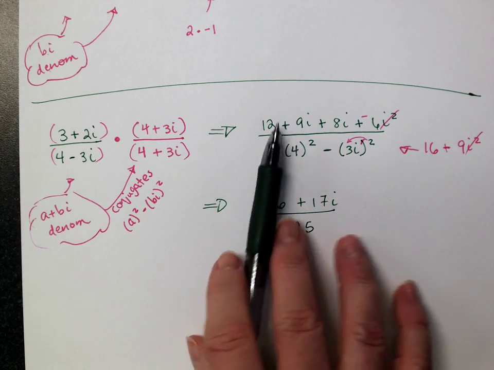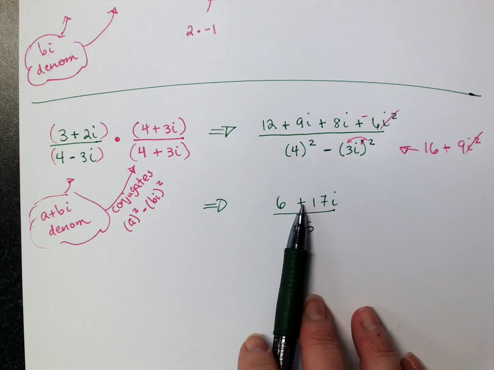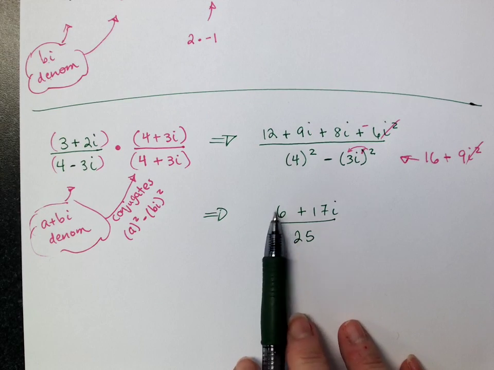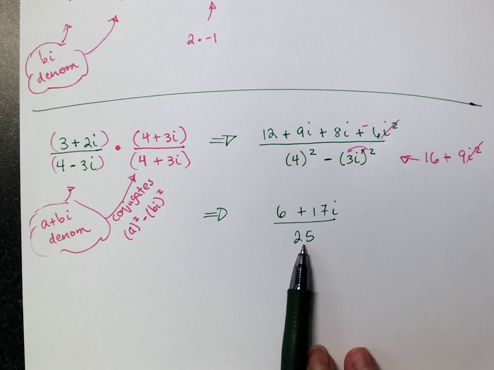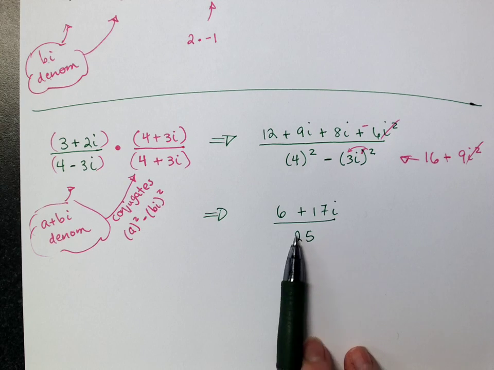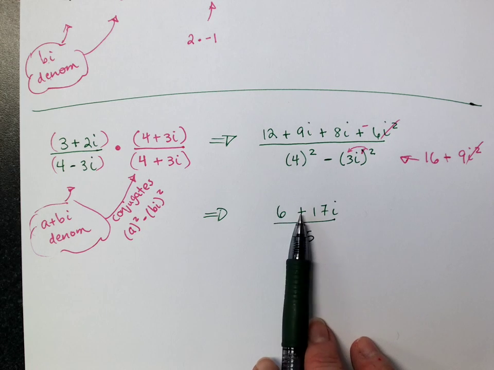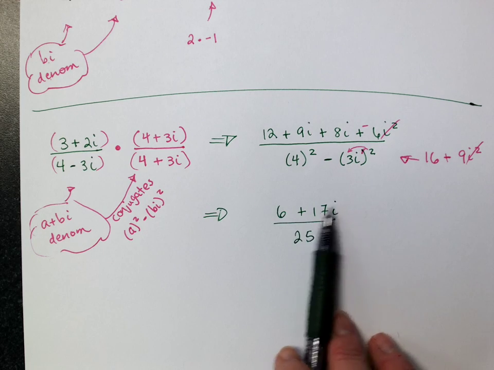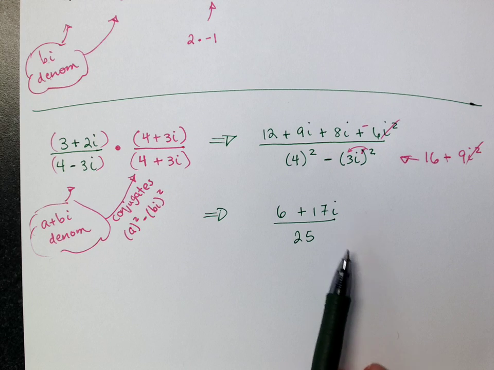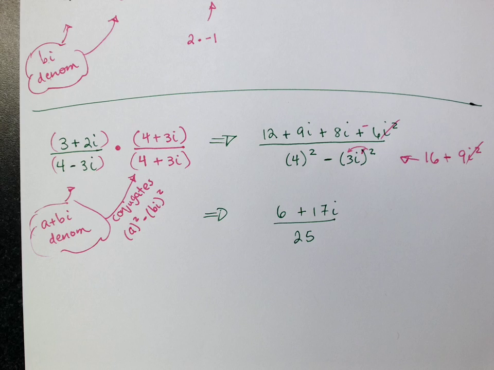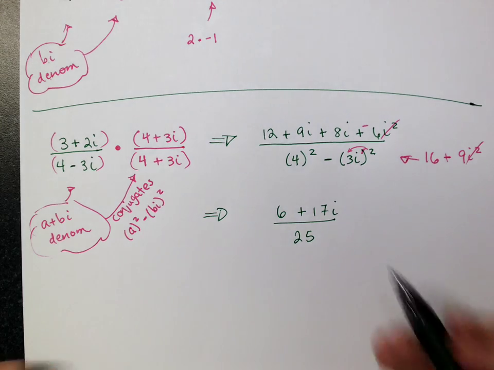Now, the reason we wanted to multiply everything out is because we want to put it in A plus BI form. And so this is two numerators with a common denominator. This denominator is common. It belongs to both the 6 and the plus 17i. So just like if these both had denominators of 25, we just add the numerators over 25. We can also split it apart.